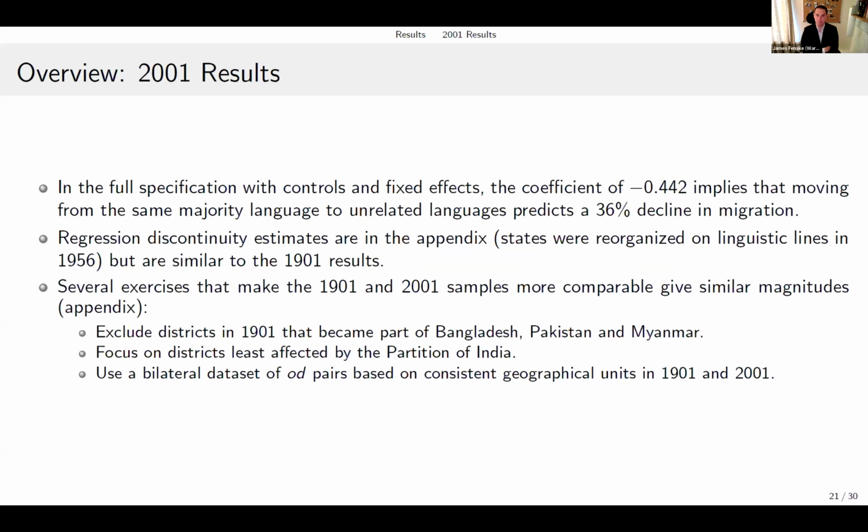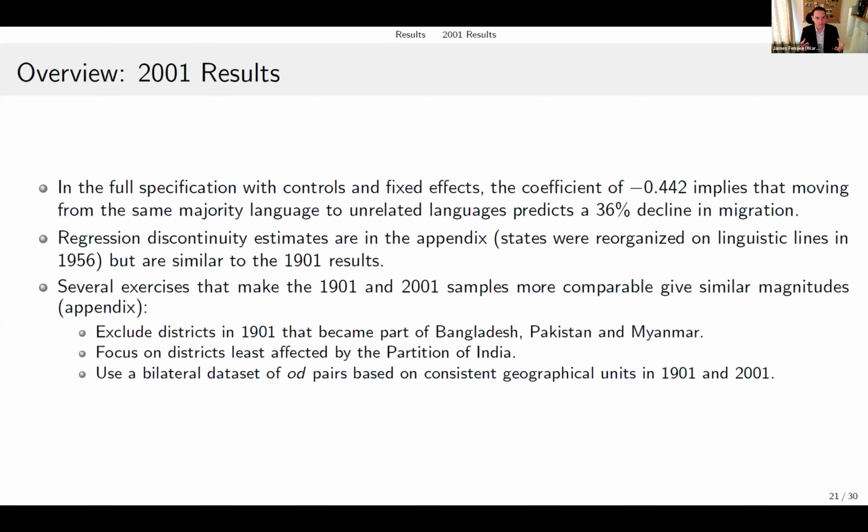Now, you might ask me, where's your RDD for 2001? And I'll tell you, it's in the appendix. We don't want to focus on it because in 1956, they redrew these boundaries. It didn't really make sense for the Bombay presidency to snake its way all the way down the western coast, cutting through several languages. And so now you get provinces like Maharashtra or Kannada.